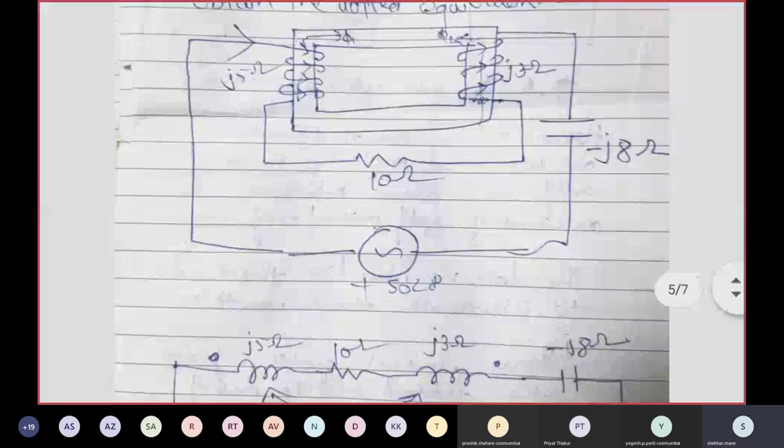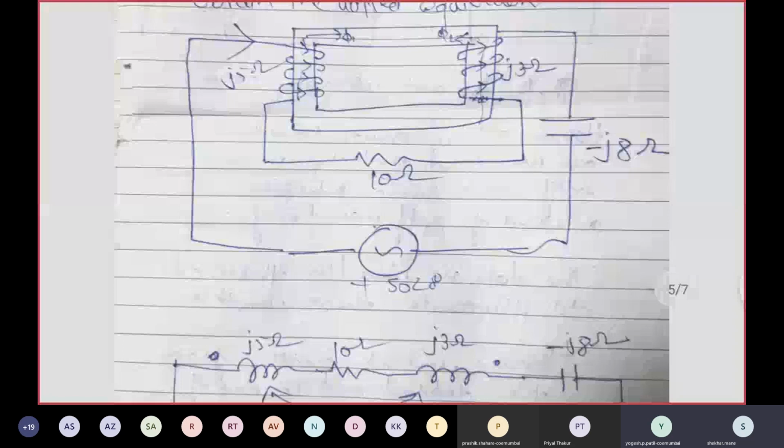Have you understood this? Yes, sir. See, the direction of both phi is opposite. Just use your right hand: your fingers show the direction of current, and your thumb shows the direction of flux. That is upwards in case of j5.